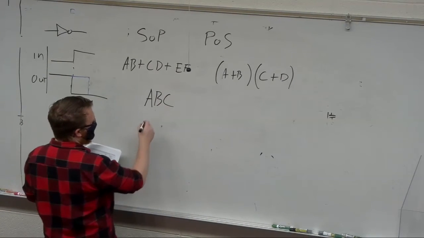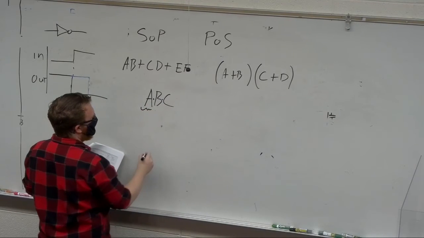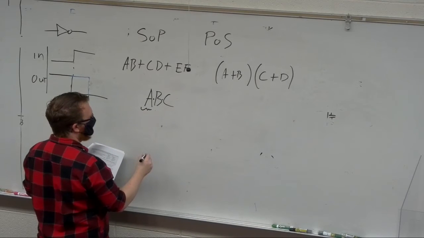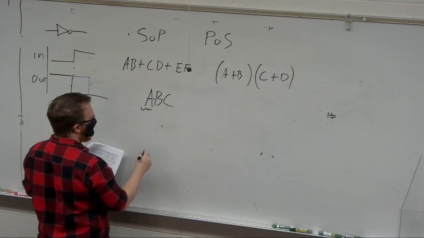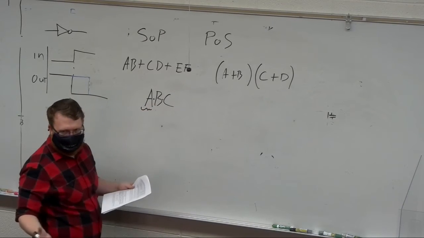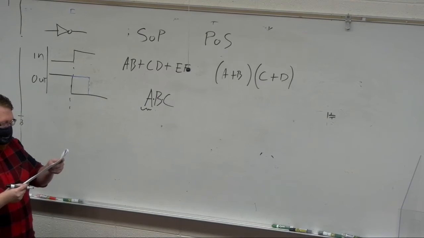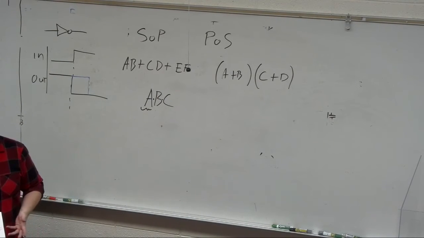If you're looking at this as a product of sums, the sums are just A and B and C. There's nothing fancy. I'm going to call it out for you because maybe you'll run into a problem that asks about that.